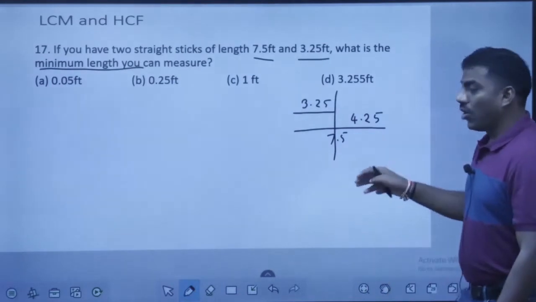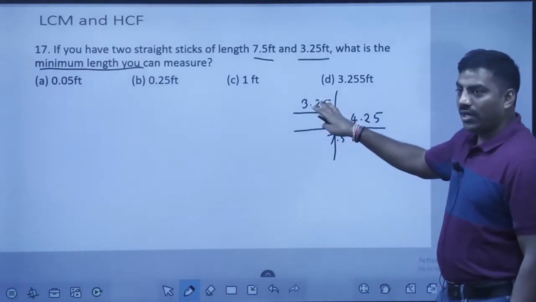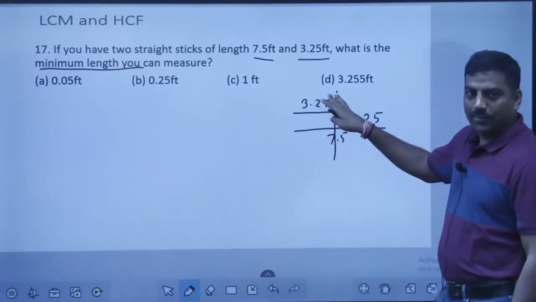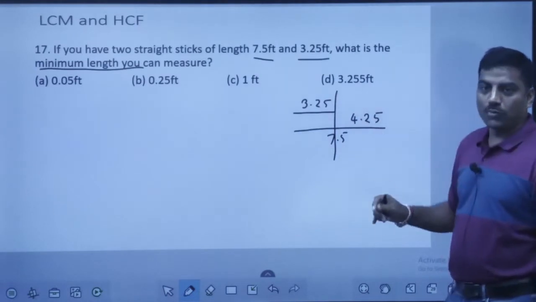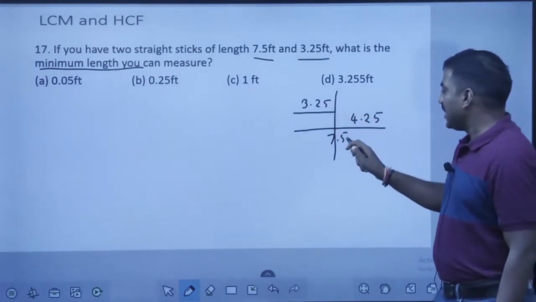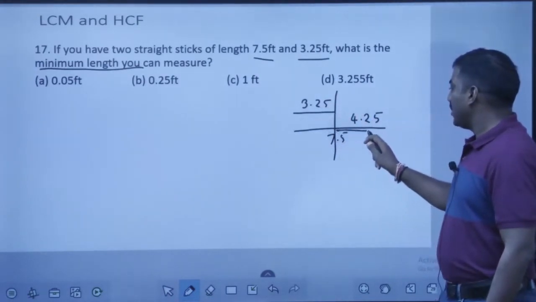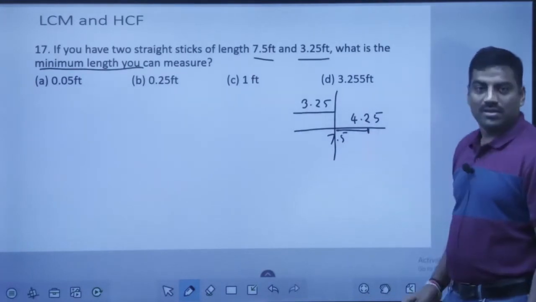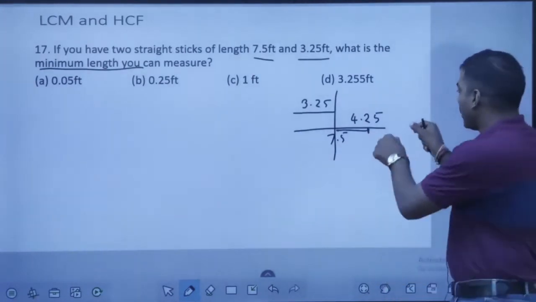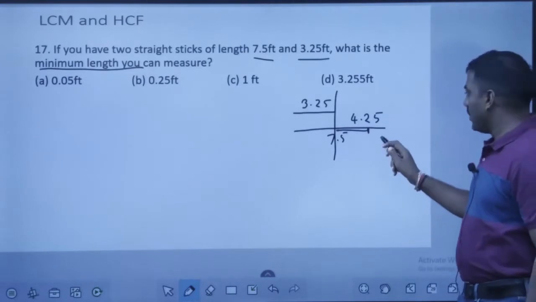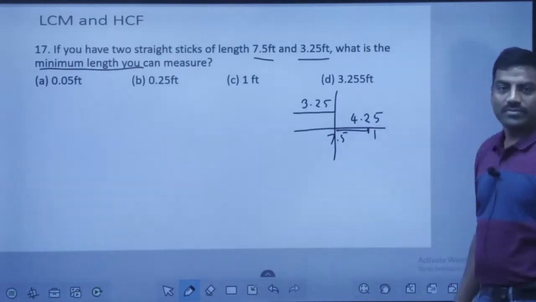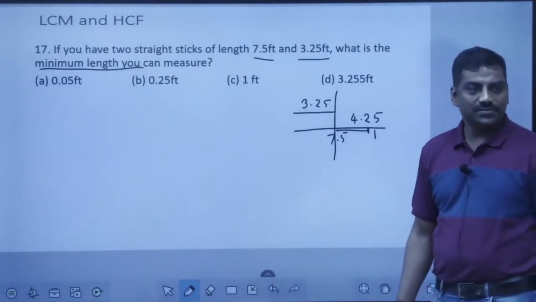Now, I have one stick of 3.25, one more stick of 4.25. Bring this 3.25 and keep it along with this one. Again cut it. What is the minimum length that you get? Yes.